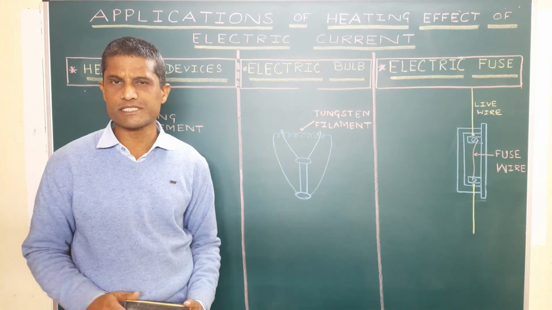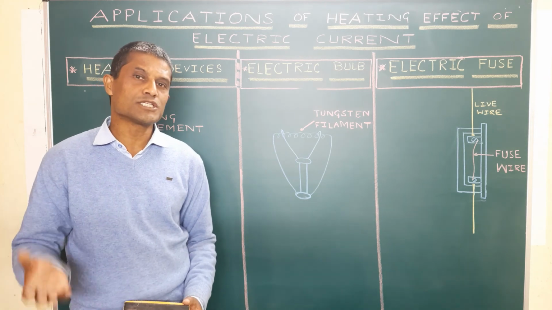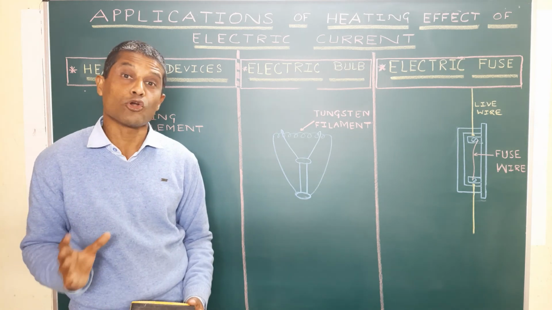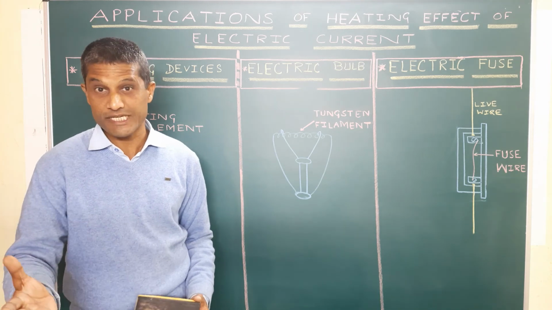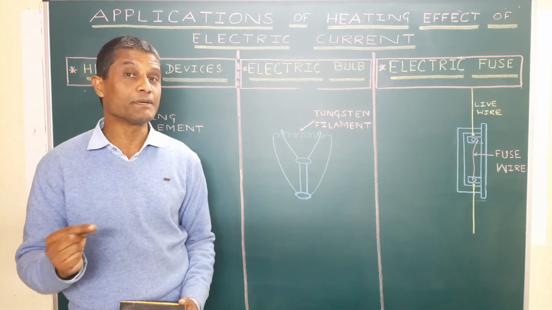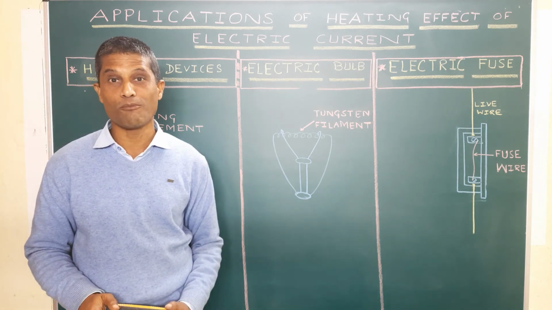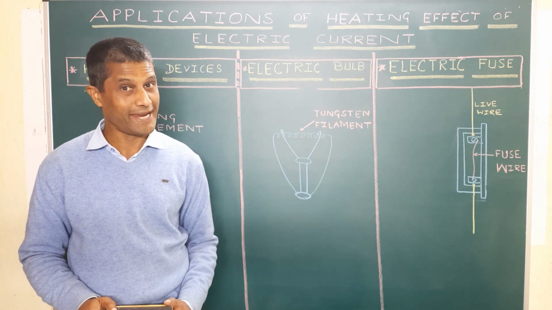So straight away we can say that the resistivity of nichrome alloy is high, so is the resistance, and B, the melting point of nichrome alloy is also very high.